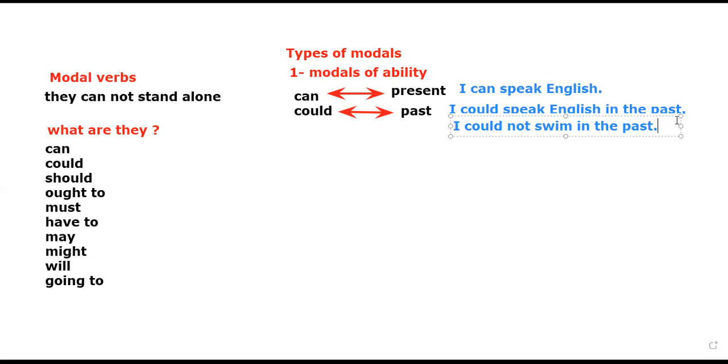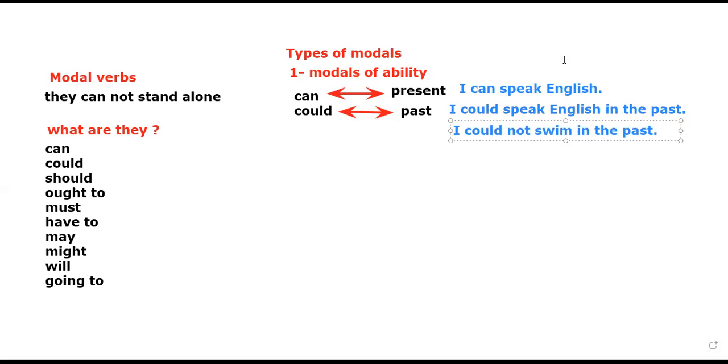Does it mean now you are a swimmer? No, doesn't mean also. Maybe it means you know how to swim now, and maybe also in the present you don't know how to swim up to the moment. So in the past, I couldn't swim.